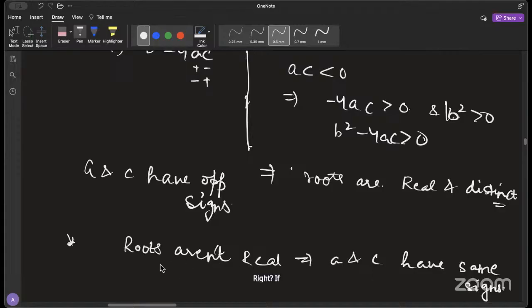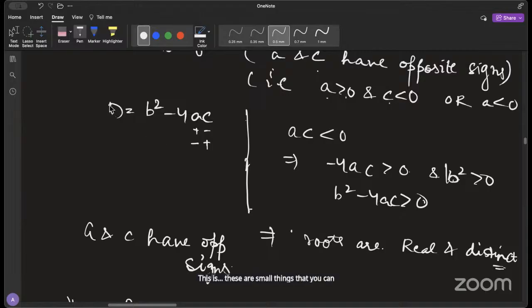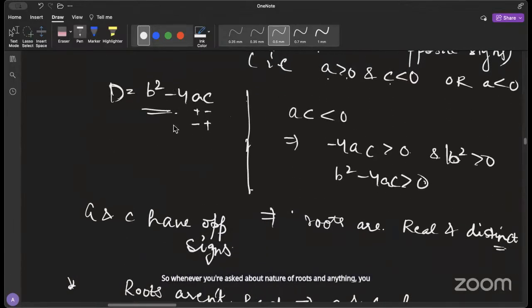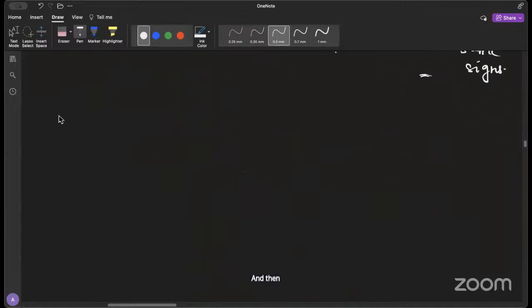If ever your roots are not real, then a and c are going to have same signs. These are small things that you can see from the discriminant only. The discriminant decides everything. So whenever you're asked about nature of roots, you have to switch to this thing. And then the other important thing is when you have a quadratic equation, ax square plus bx plus c equals 0.